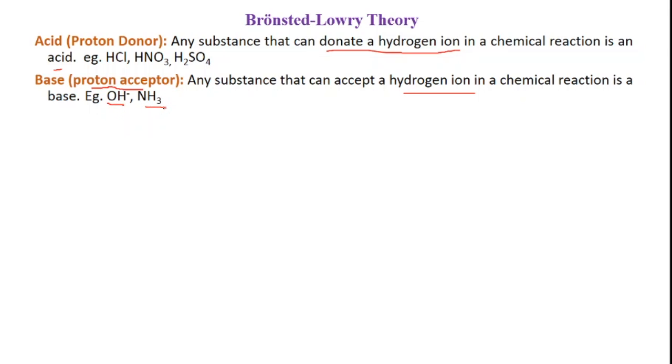Similarly, the ammonia molecule can accept a proton, so it is considered a base. For example, in the reaction between HCl and ammonia, HCl acts as proton donor, so it is considered an acid, while ammonia acts as proton acceptor, so it is considered a base, to form ammonium ion and chloride ion.